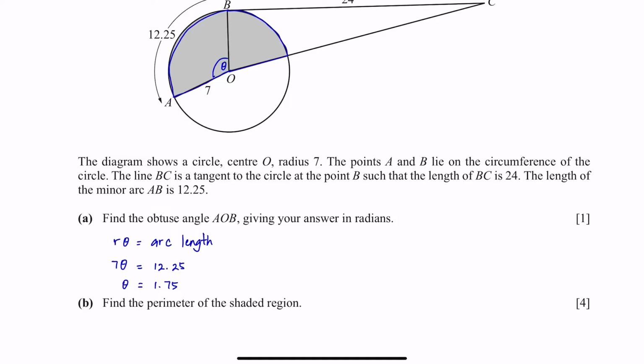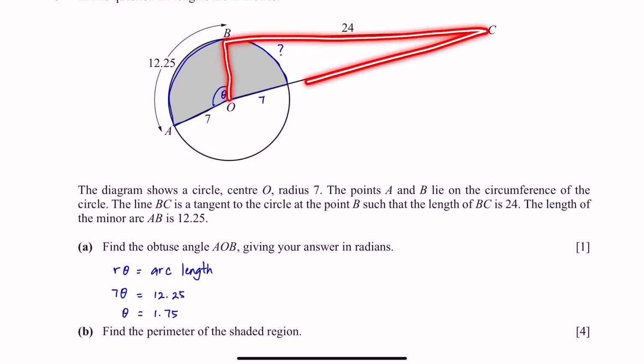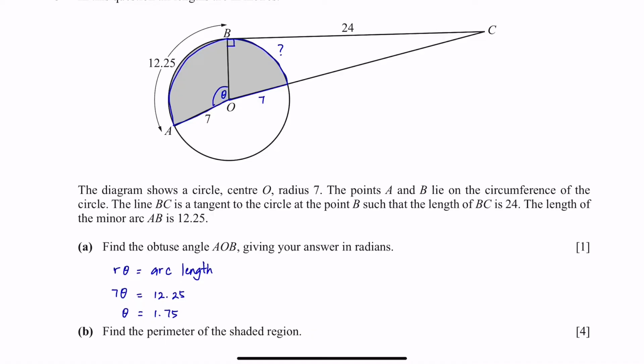So we know that this radius over here is also 7, and now we need to find the length of this arc. So we know that OBC is a right angle triangle. So we can find this angle over here, BOC. We can find this BOC angle using SOHCAHTOA, because we know that this radius is also 7.